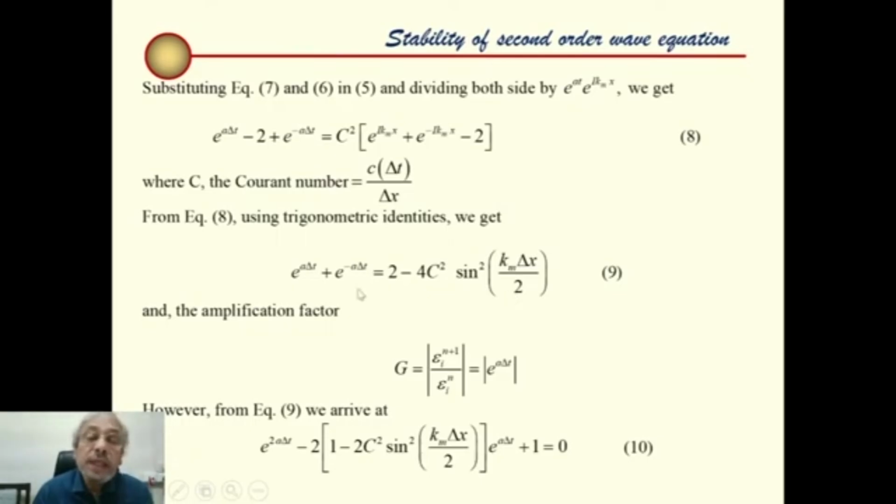Now if we rearrange equation 9, we'll be able to get this quadratic equation, equation 10. Just rearrange this equation, divide by e to the power minus a delta t, and we will get this. So this is equation 10.